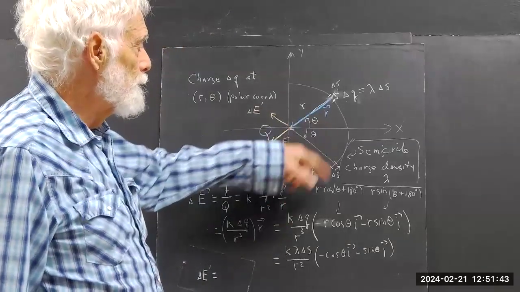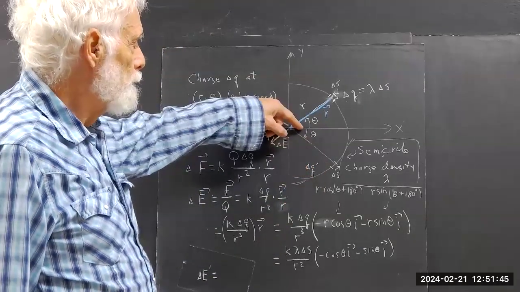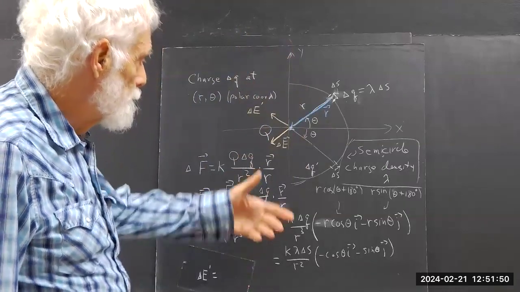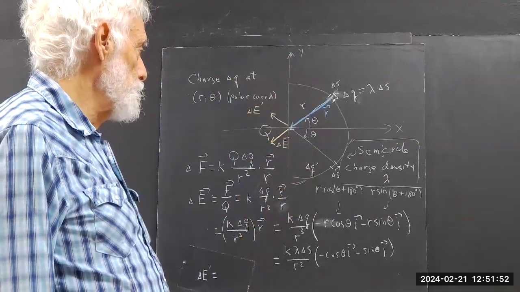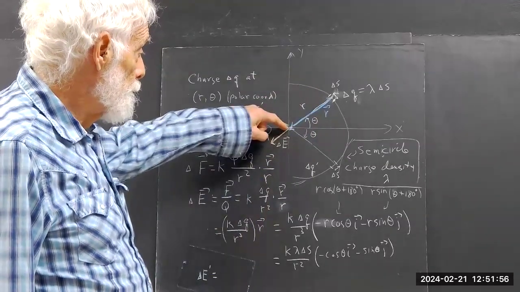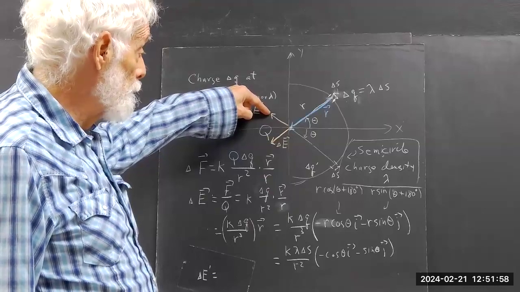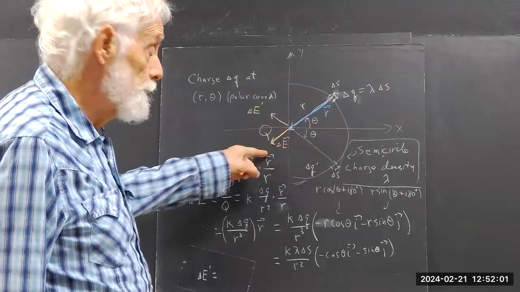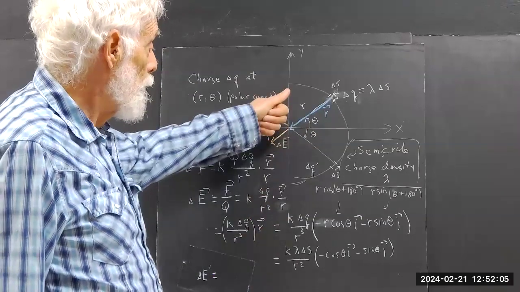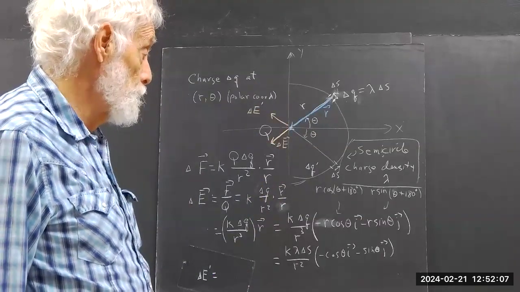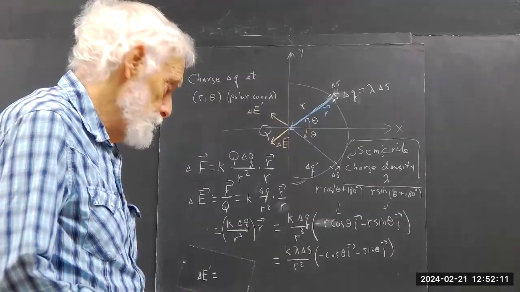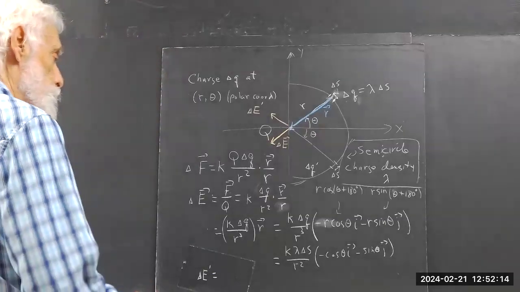Now you go through all the details. You can say that this theta, actually they're measured from here and so forth, would be this, that, and the other thing. But what's obvious is the symmetry of the situation. So that this vector makes the same angle with the x-axis as this vector. So that its y component is equal and opposite to the y component of this one. Now, if you write out your delta E prime, let's write it out.